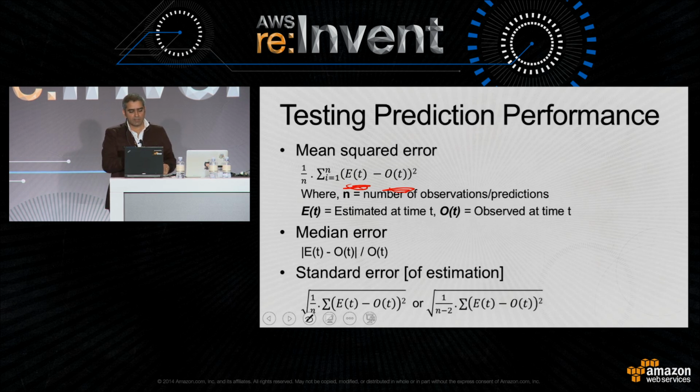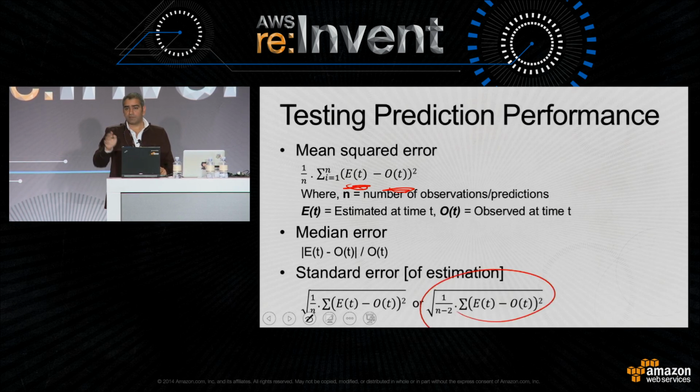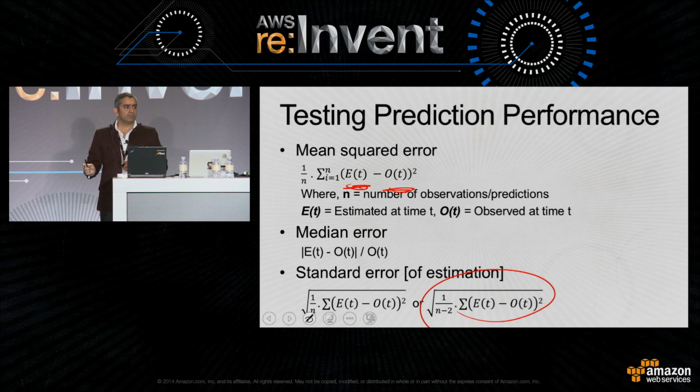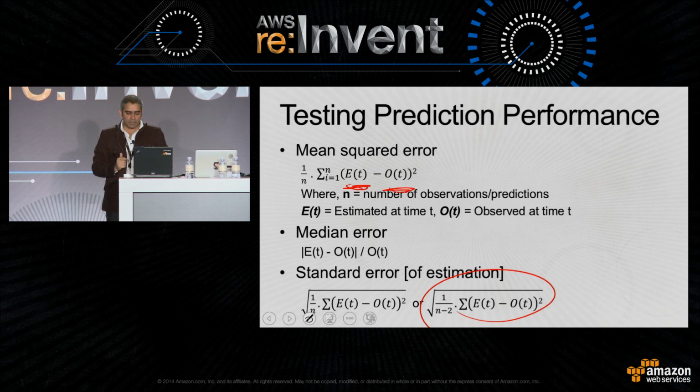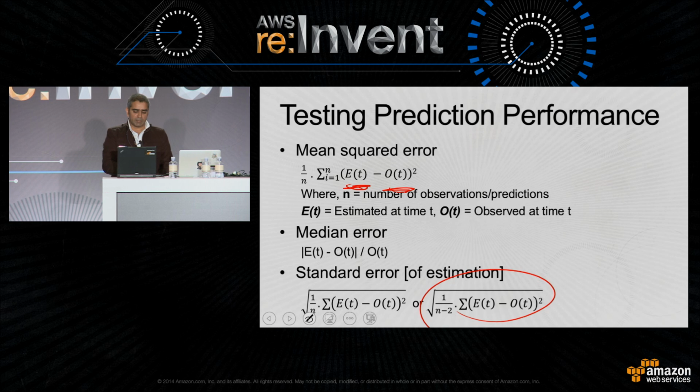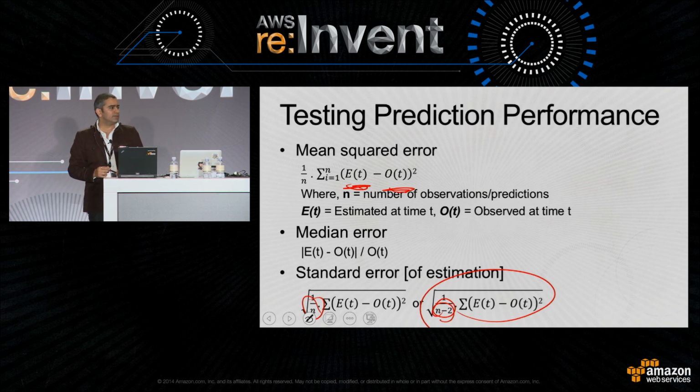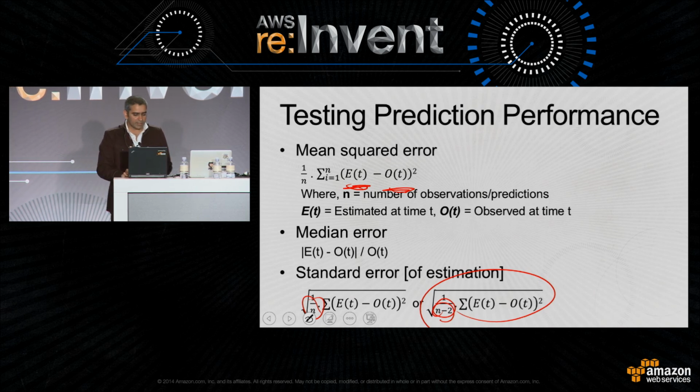You just take the square root of the mean squared error. In some cases, some people use n-2 here, which is basically to consider the slope. If some people here are from a machine learning background, I have a question for you: I would like to pick someone's brain who can explain that.